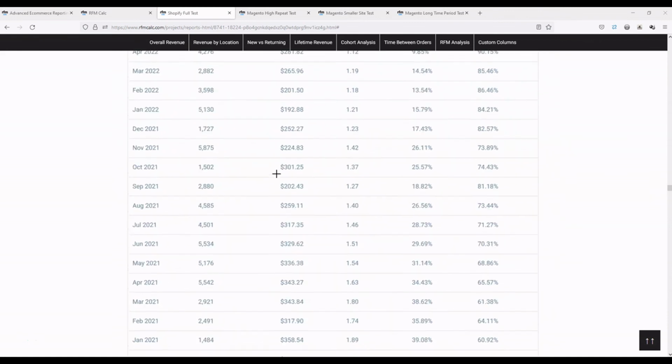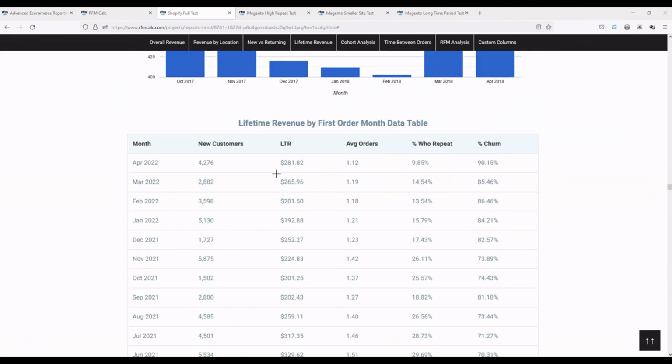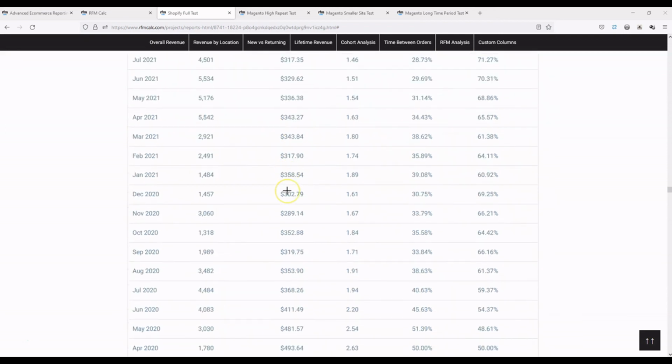So obviously, when you're thinking about lifetime revenue and lifetime value for your most recent order month in the file, it's not going to be super high because it's only based on a single month. So the last month in the data for this particular site is April 2022. So obviously any orders placed after April won't be captured for first time customers in April. But it gives a nice comparison, and you can see it's not just a case that it shoots up over time.